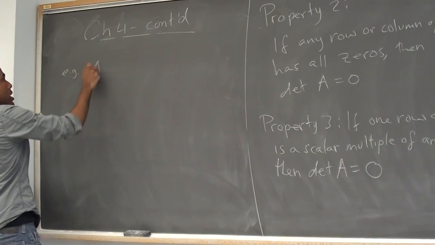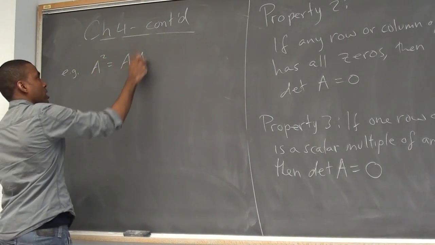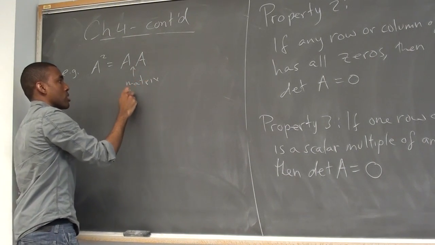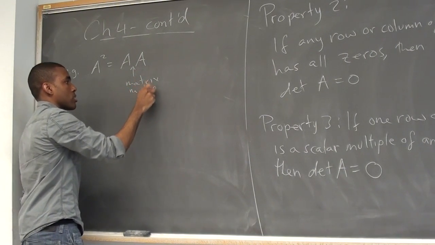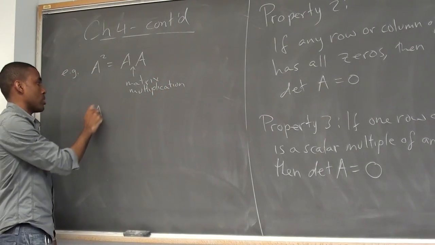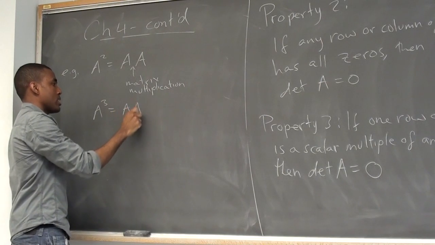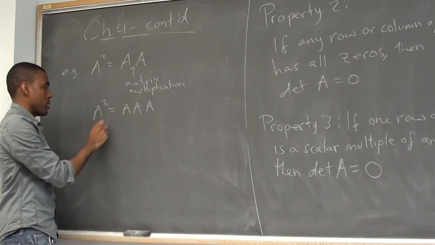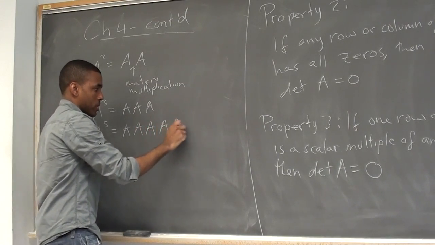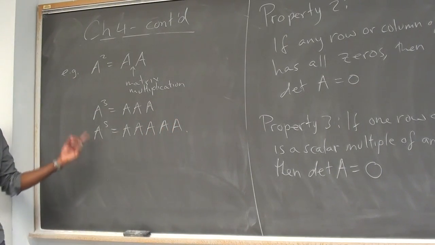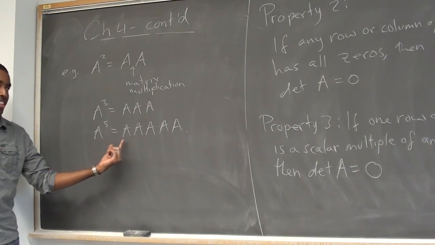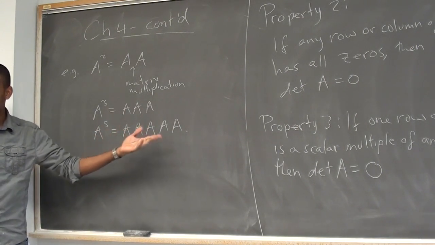For example, A squared is just A times A, where this is matrix multiplication. Or A cubed would just be A times A times A, A to the fifth is A times A, etc. So if you go on an exam and someone says find the determinant of A to the fifth, you don't want to do this and then find the determinant.